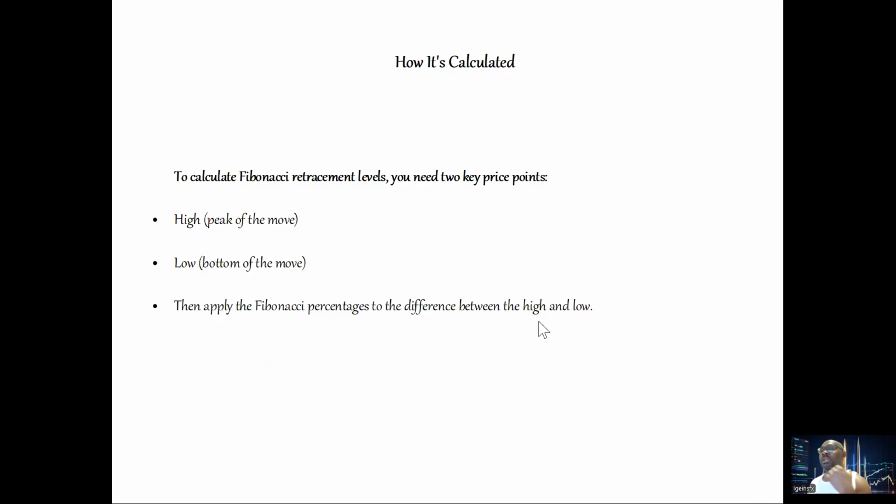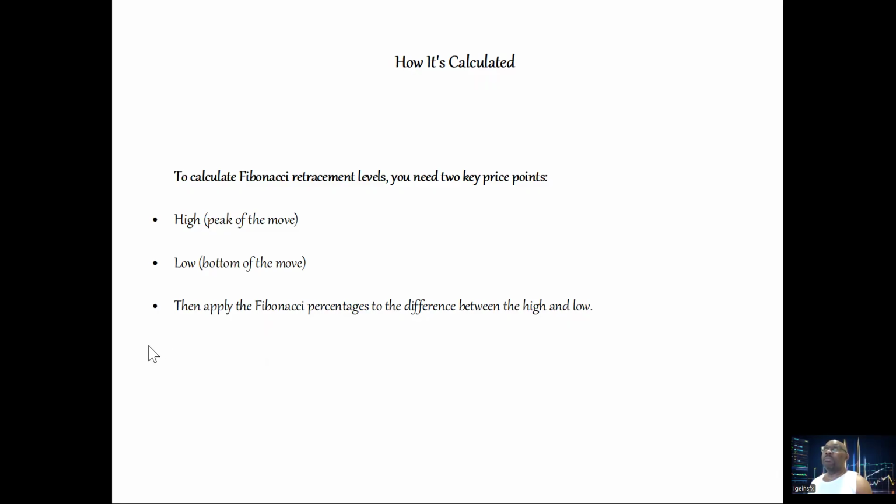The low is where the price originated from. The high is the highest price the price got to before it started reversing back.